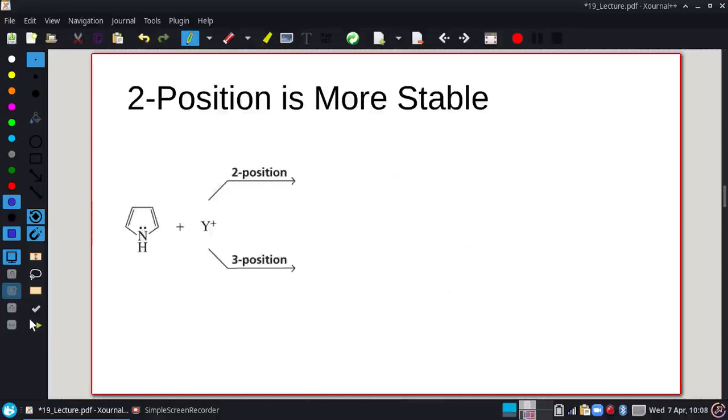The main reason that happens is we can see that if we look at the ring itself. Let's look at the transition state that occurs if I put that Y in the 2 position. At first, I still have both those.